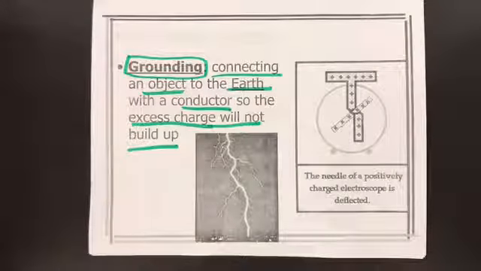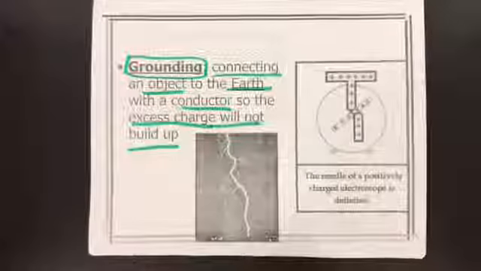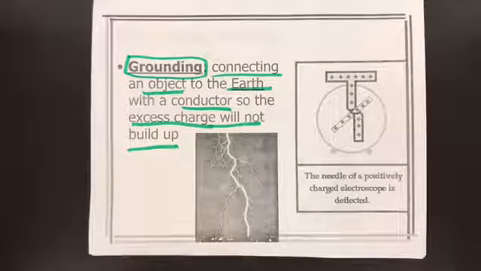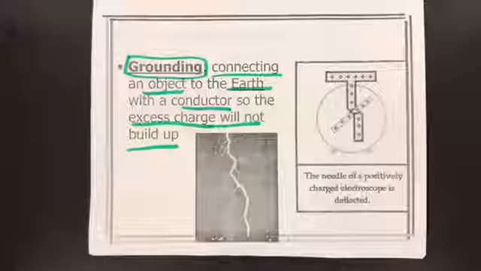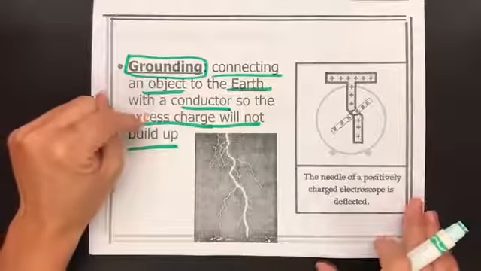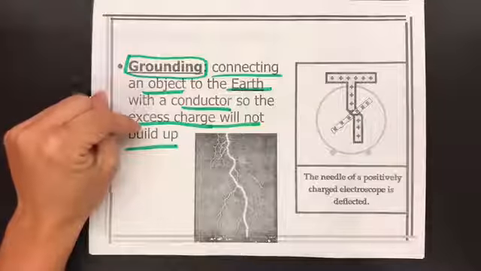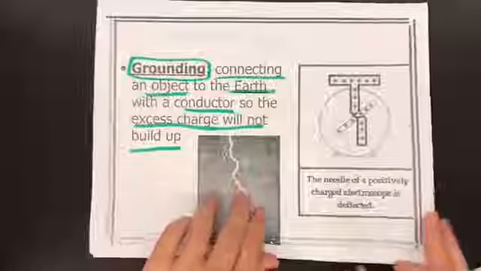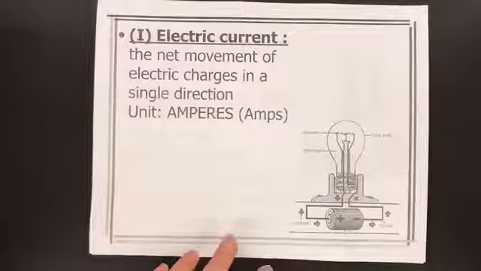Your house would just build up electricity over and over all the time, and eventually what would happen? There has to be a place for excess charge to go, or there will be some kind of electric fire or things like that. So grounding is you have a conductor that's literally placed into the ground for the excess charge to go away.